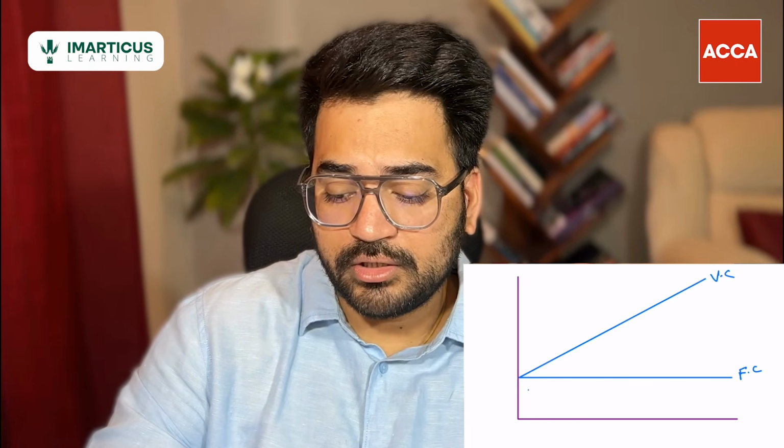Now if you want to draw the graph for semi-variable cost, it's going to be constant for some amount of time, then it's going to change, then constant, then change, then constant, then change, right?